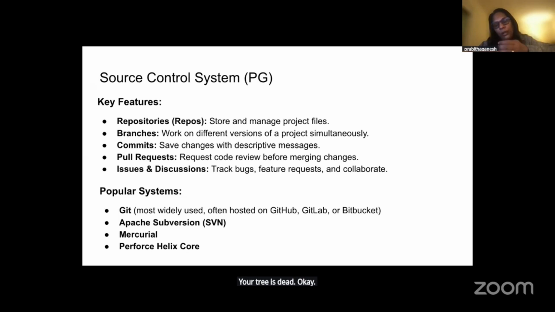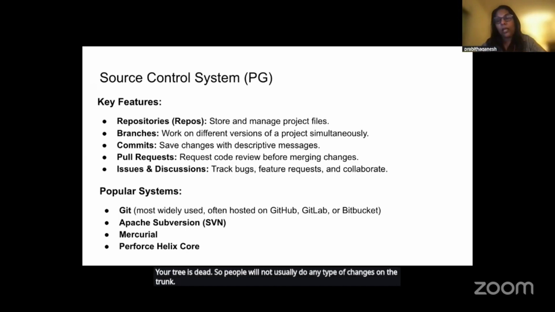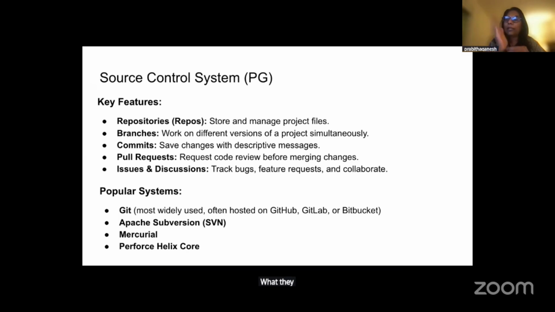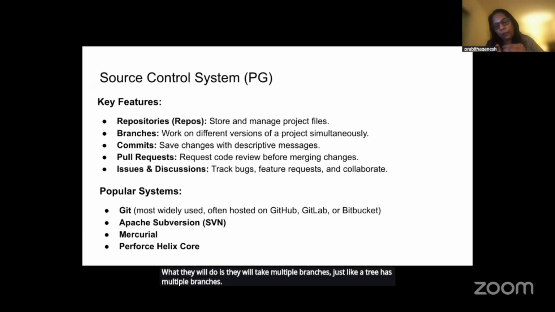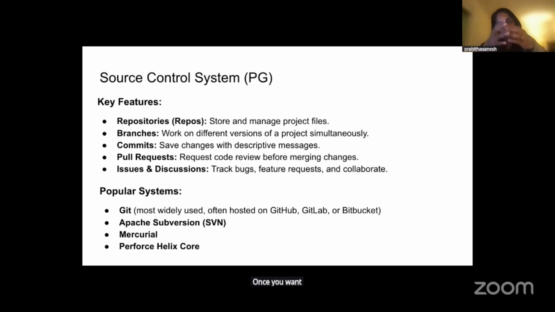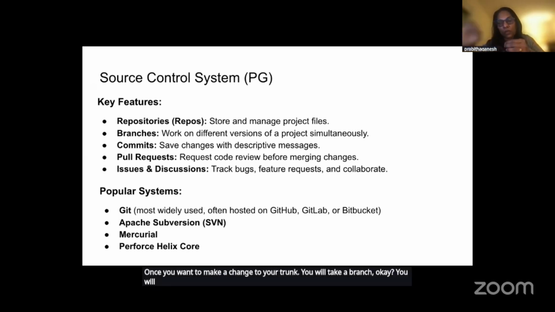So there's a main trunk. If you chop off the main trunk, your tree is dead. So people will not usually do any type of changes on the trunk. What they will do is they will take multiple branches, just like a tree has multiple branches.